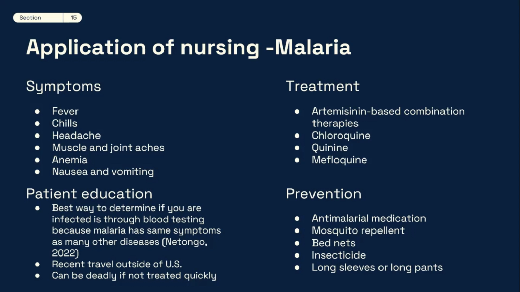All right. So some of the signs and symptoms of malaria can appear flu-like because they usually involve some sort of fever or chills, headache, muscle or joint aches, anemia in severe cases, and nausea or vomiting. Anemia can occur in patients infected with malaria because of the destruction of red blood cells in the body.